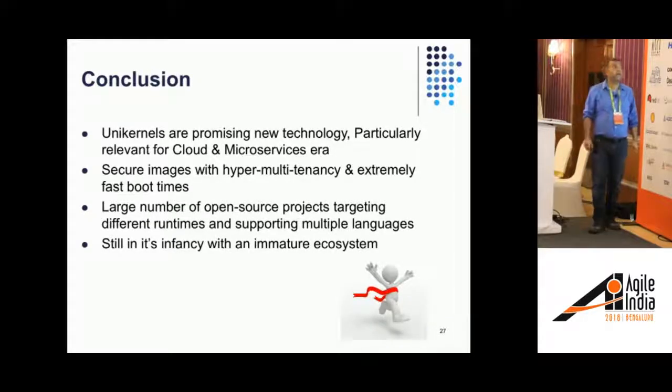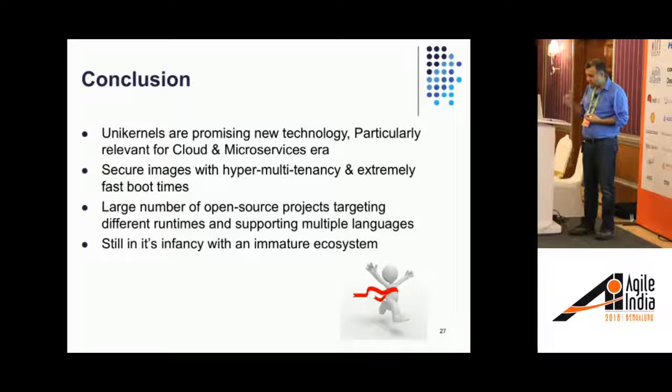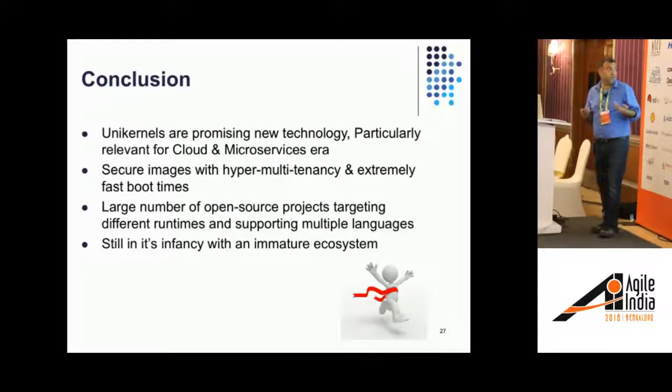Coming towards the end, the conclusion. So unikernel is a promising new technology. It's actually the next step of evolution, but again, right now it's kind of immature. I would see the adoption growing more as we move more towards the microservices world. But relatively, now it's in its infancy. It's particularly relevant for the cloud and microservices era, as I mentioned.